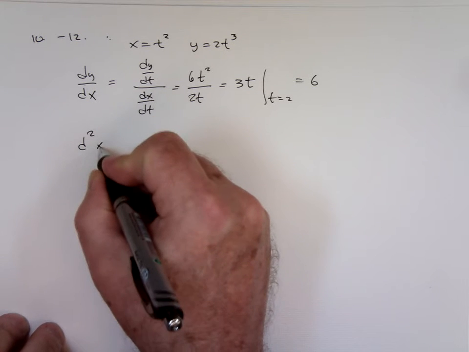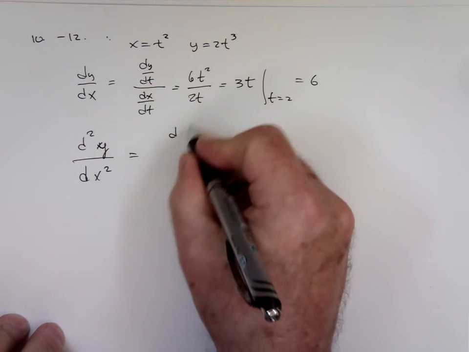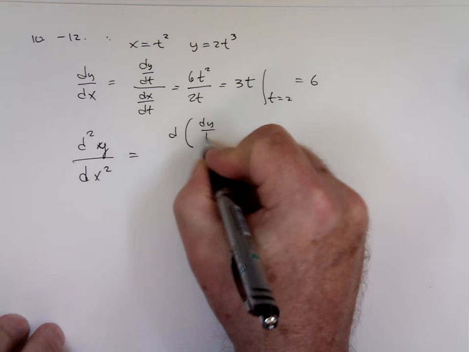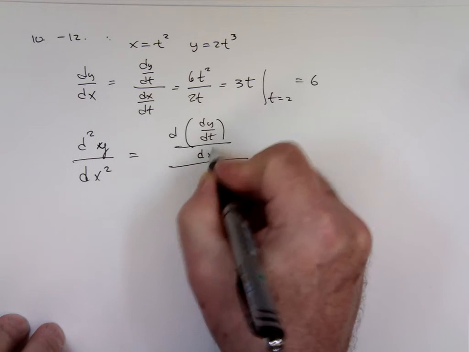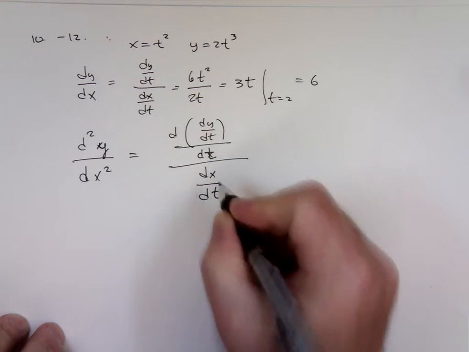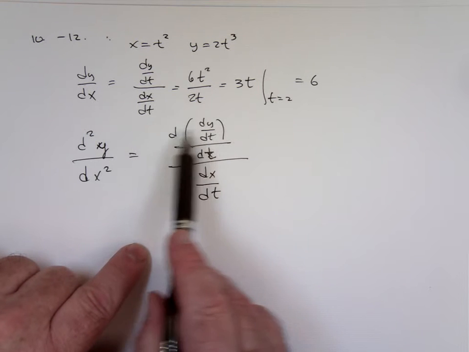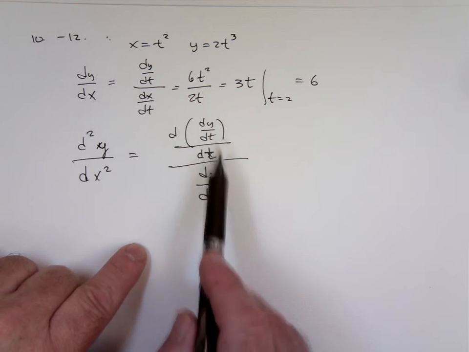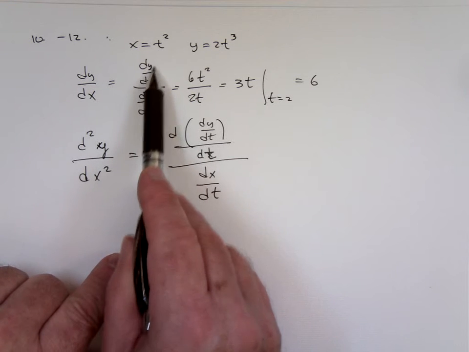We want the second derivative there to determine concavity. So, second derivative. You take the derivative of the first derivative with respect to t. The difference here is we're taking the derivative of the first derivative now with respect to t, as opposed to taking the derivative of y with respect to t here.